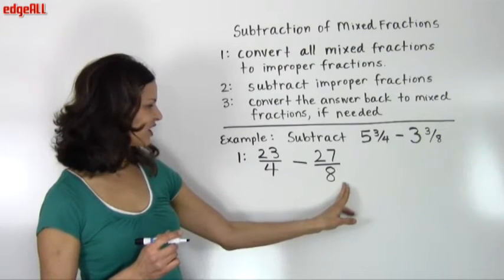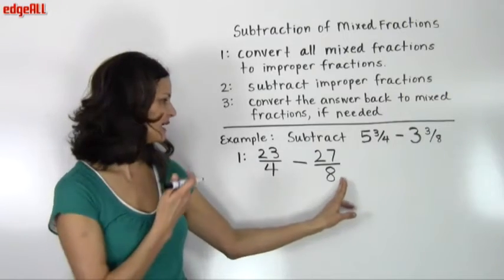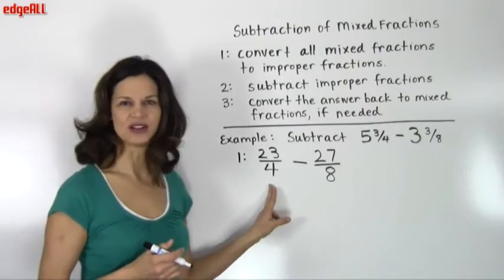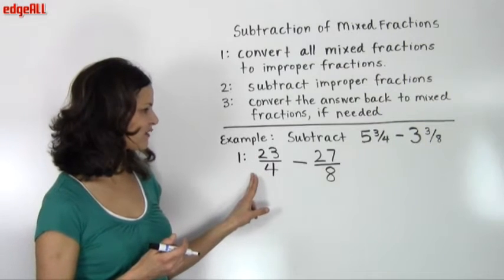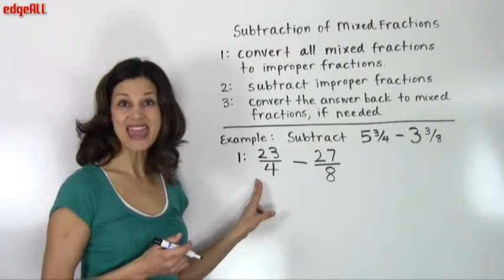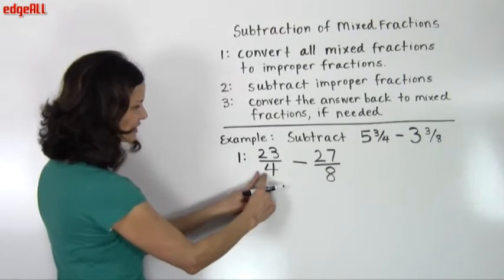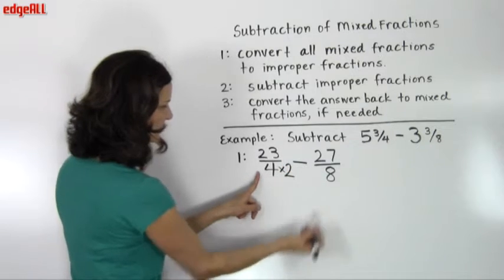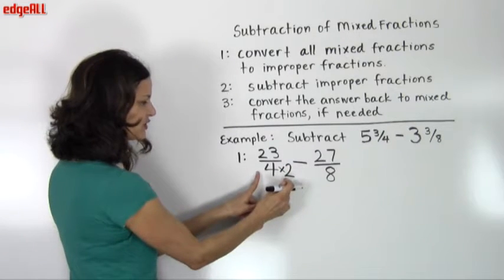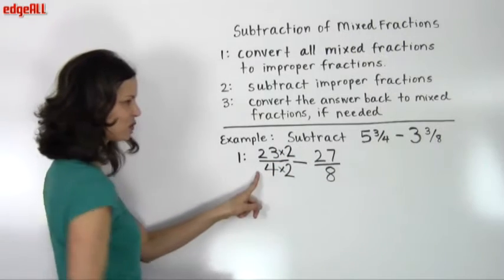And so we want to make both of our fractions have a denominator of 8. This fraction here already has a denominator of 8. It already has the denominator that's the least common multiple of these two numbers. But this fraction here, 23/4, we need to make this have a denominator of 8. And so in order to make 4 into 8, we would multiply it by 2. And whatever we do to the denominator of a fraction, we have to do to the numerator as well.